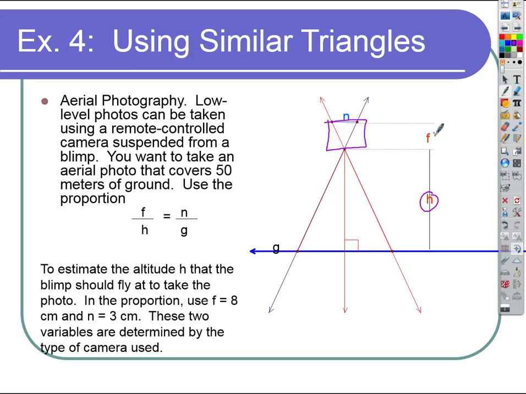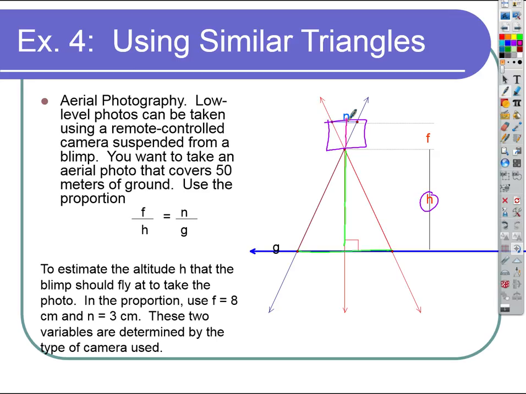So then, how are we going to calculate G, which is this distance right here? Determine the ratio. Yeah, it's just a big to small ratio. It's a similarity relationship. The two things that we know are the height and the focal length, right? Those are corresponding parts of those two similar triangles.